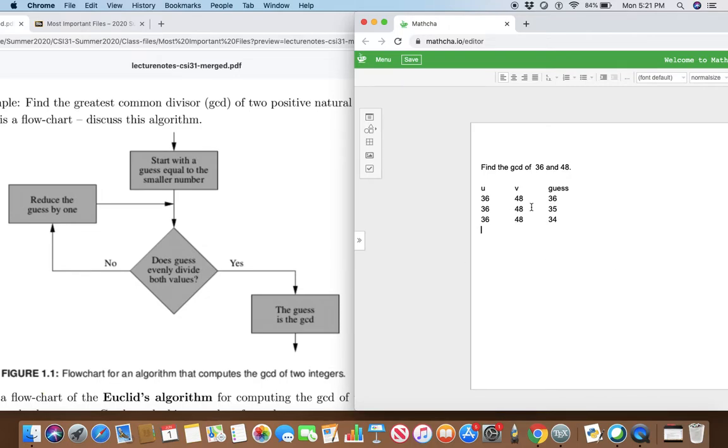Do you see? There's no change going to happen for either U or V, because my algorithm does not require me to. All it does in every step is reduce guess by 1 if my current guess does not divide the numbers evenly. So here again 34 does not divide these.